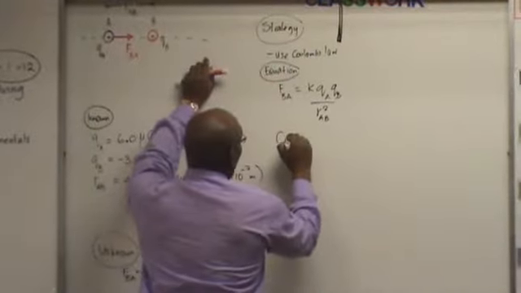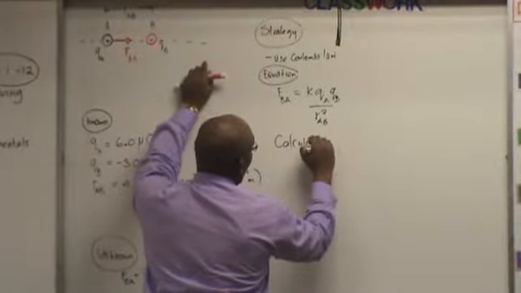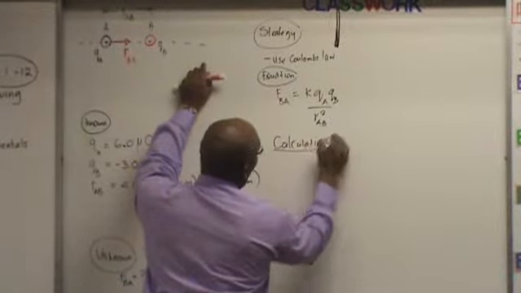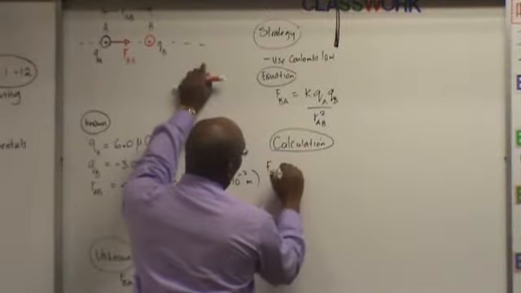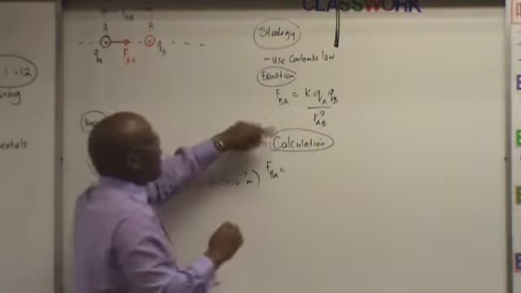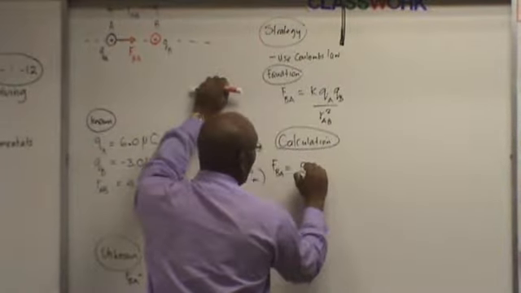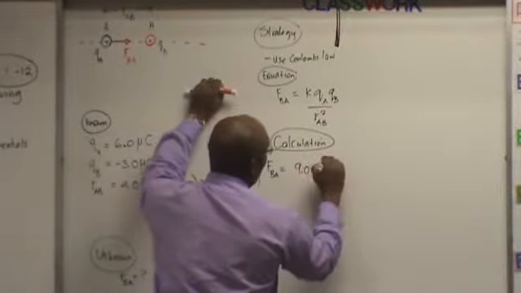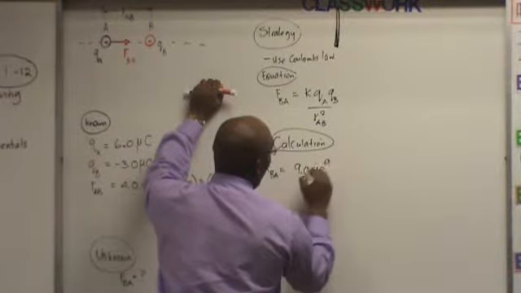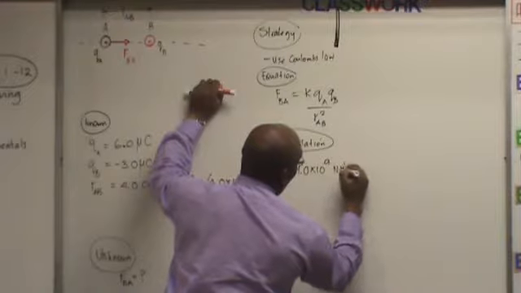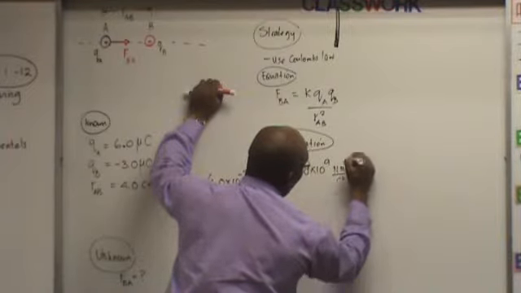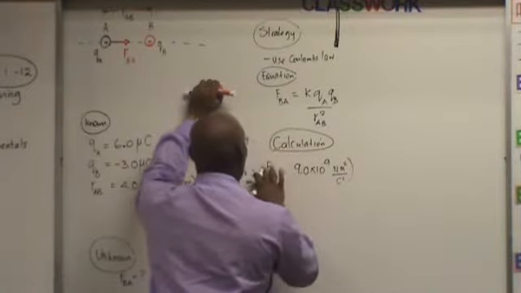So now let's calculate. F_BA is equal to k. The value of k is 9.0 times 10 to the 9 newton meter squared per coulomb squared.